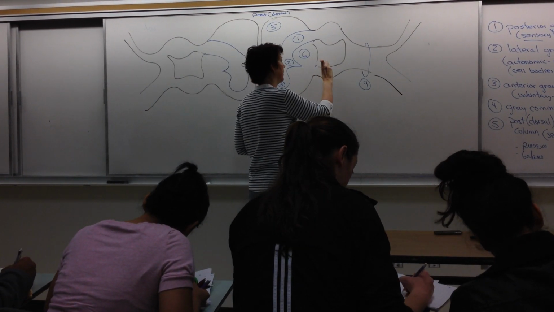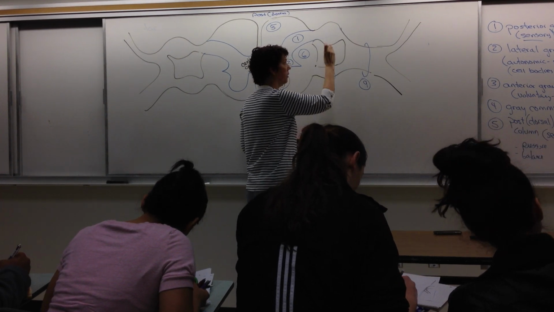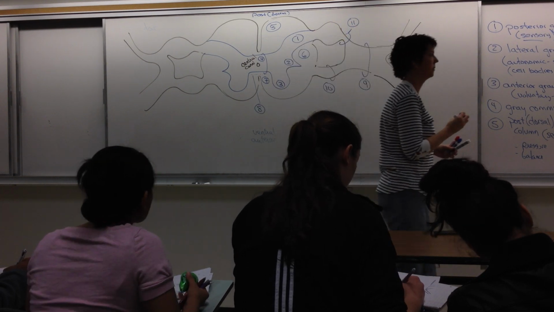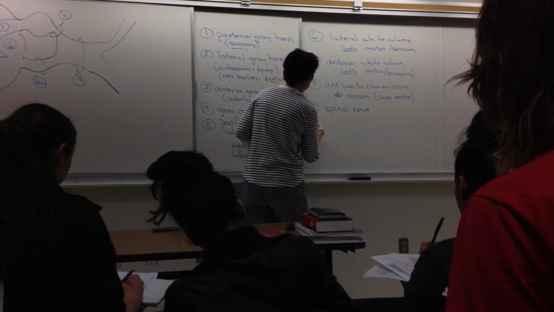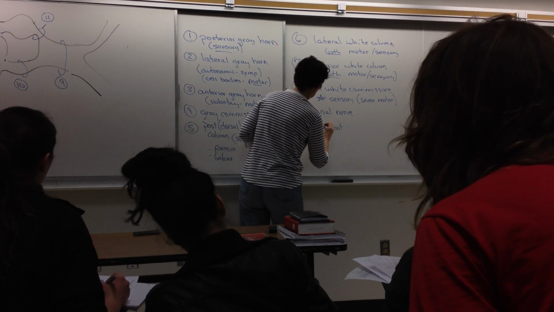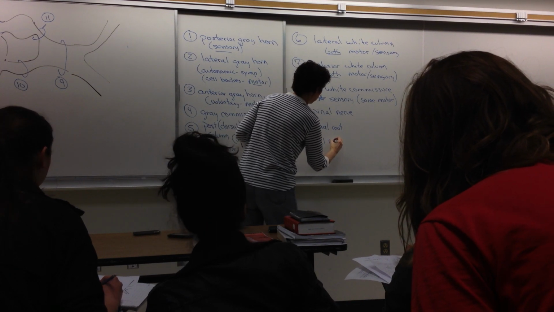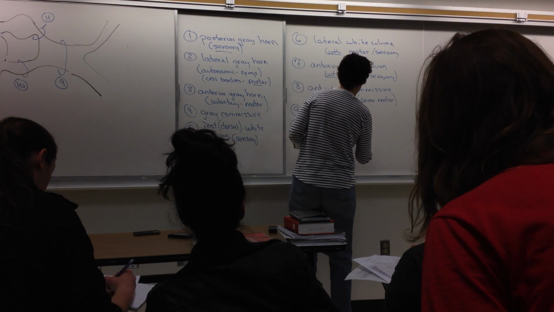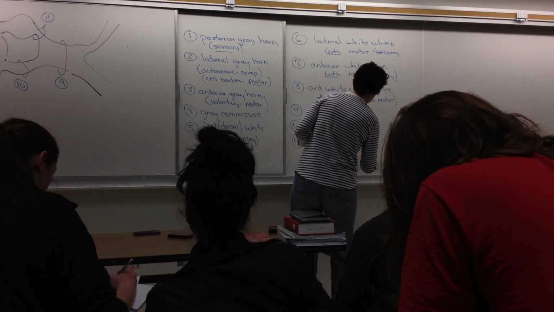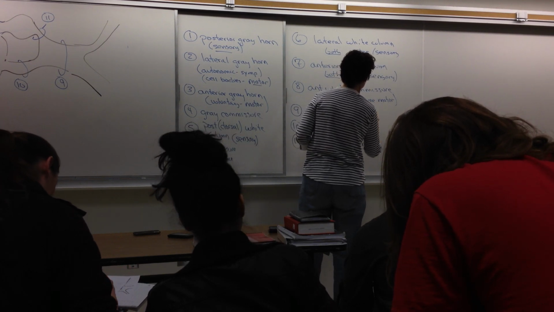So in the front, this is identified as the ventral root, and in the back, the dorsal root. The ventral root is motor only. The dorsal root is sensory only. Spinal nerve is both.